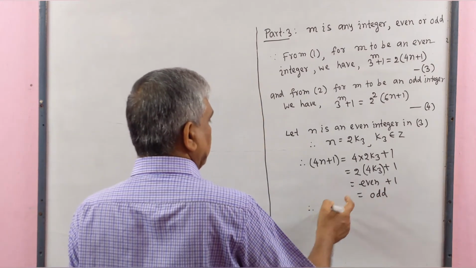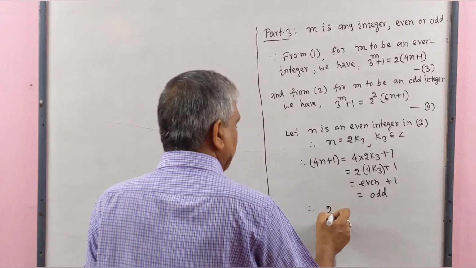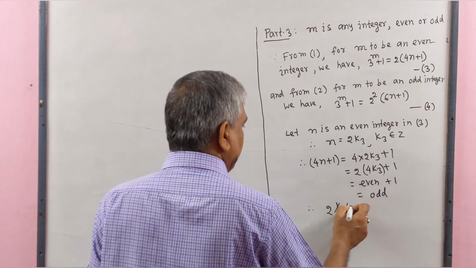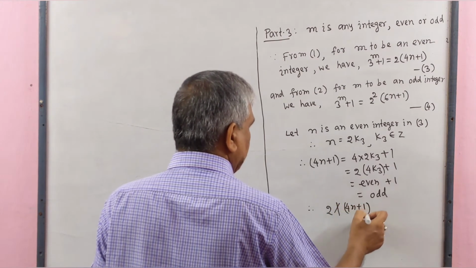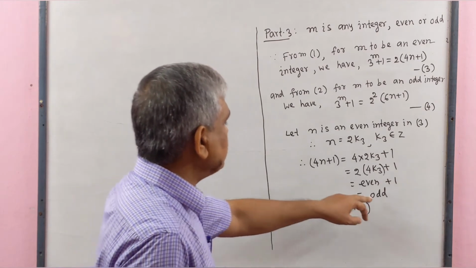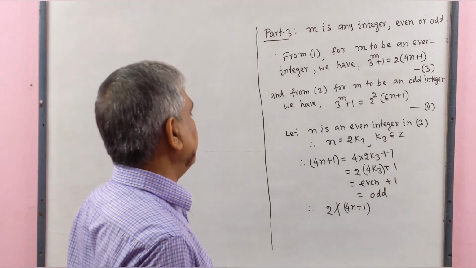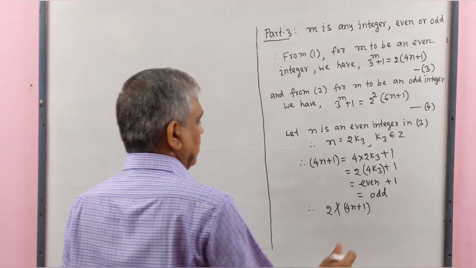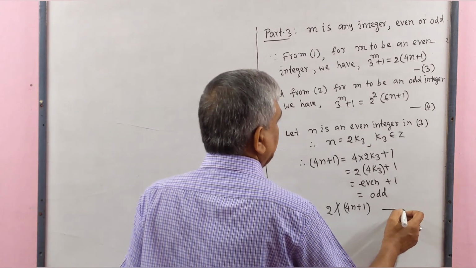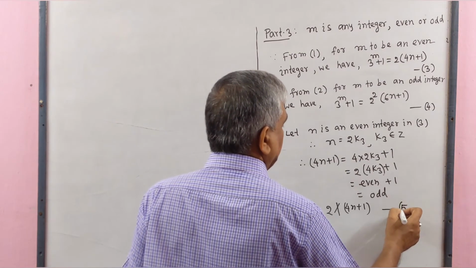Therefore, 2 does not divide 4n plus 1 because 4n plus 1 is an odd integer. This is number 5.